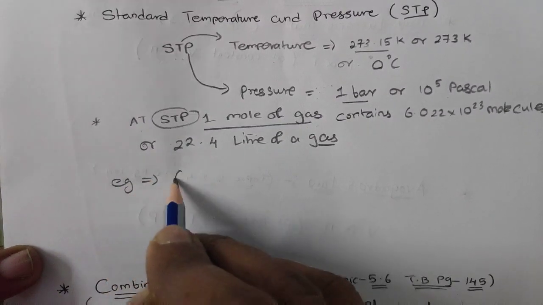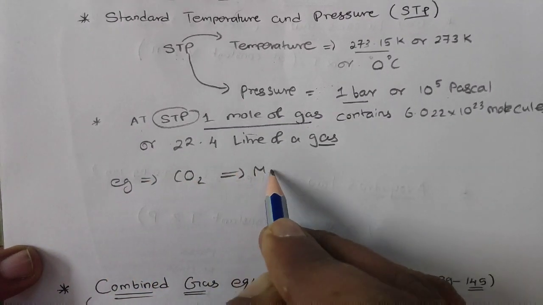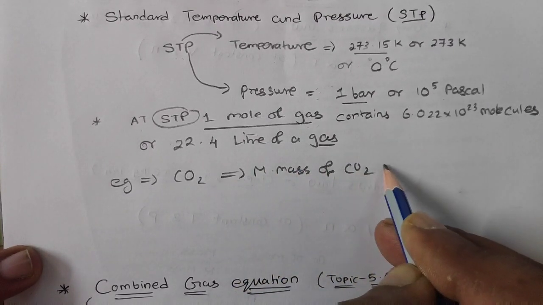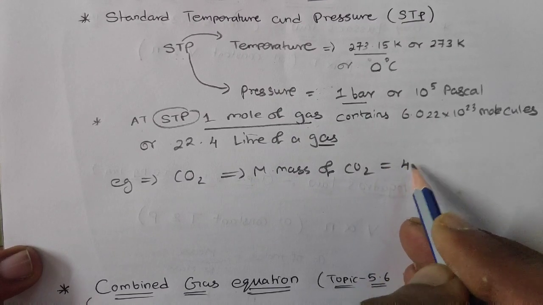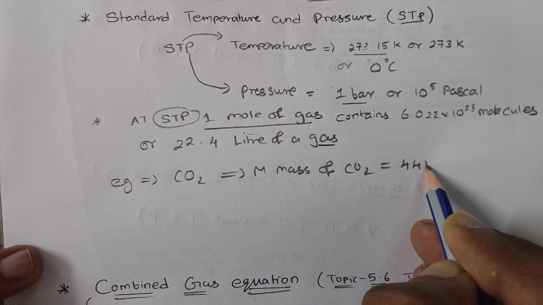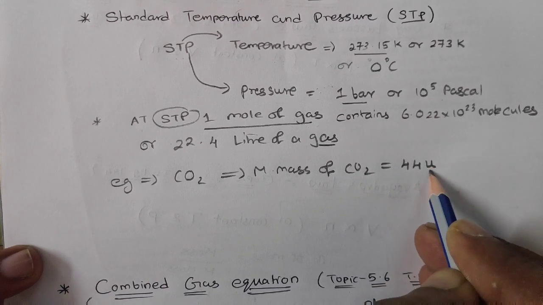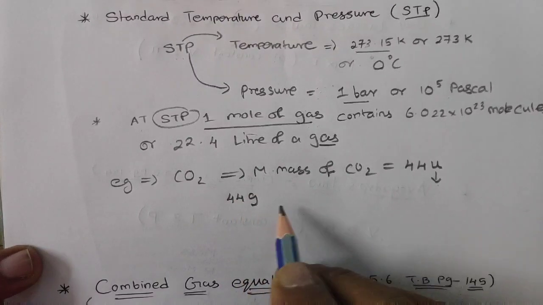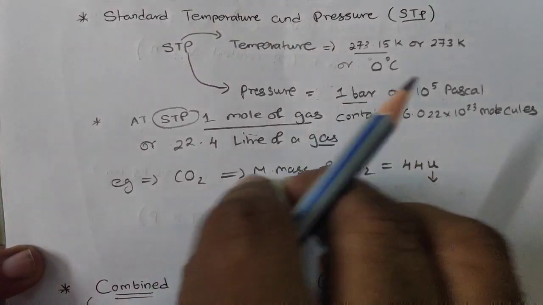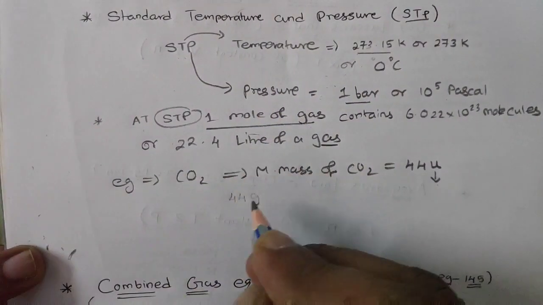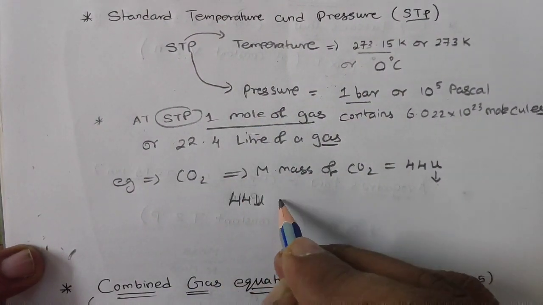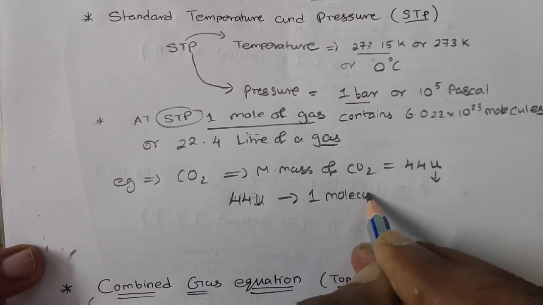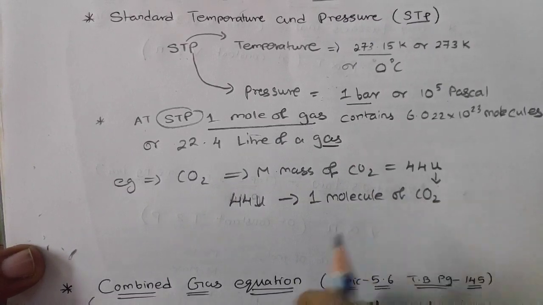Suppose if you take example 1 of CO2, the molar mass of CO2 is equal to 44 u, what we remember. Now this 44 u, if I convert it into 44 grams, right? Suppose 44 u contains 1 molecule of CO2, right?